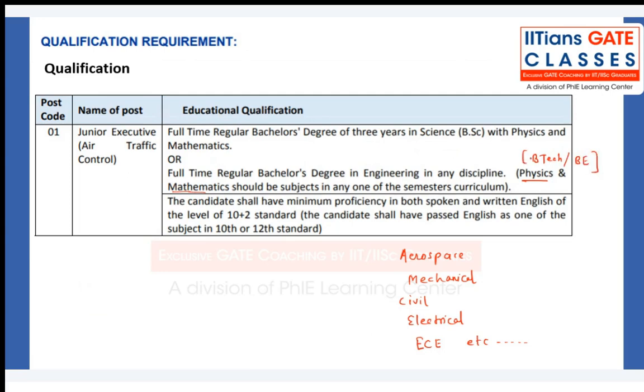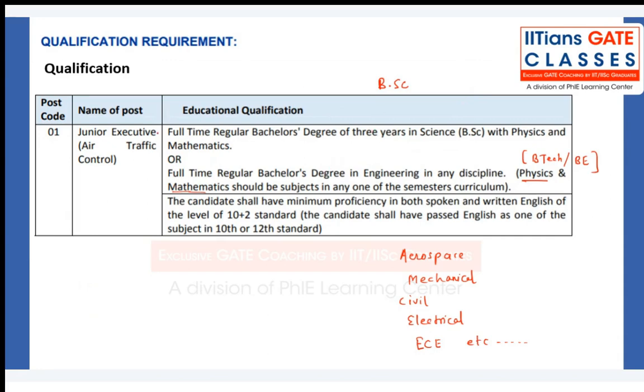Second, a person having a bachelor's degree in, for example, 3 years of science. That means those from a science background, BSc. Those who have not done BTech or BE, for them also it is a very good opportunity. They can apply for this particular form, which has a huge number of vacancies.